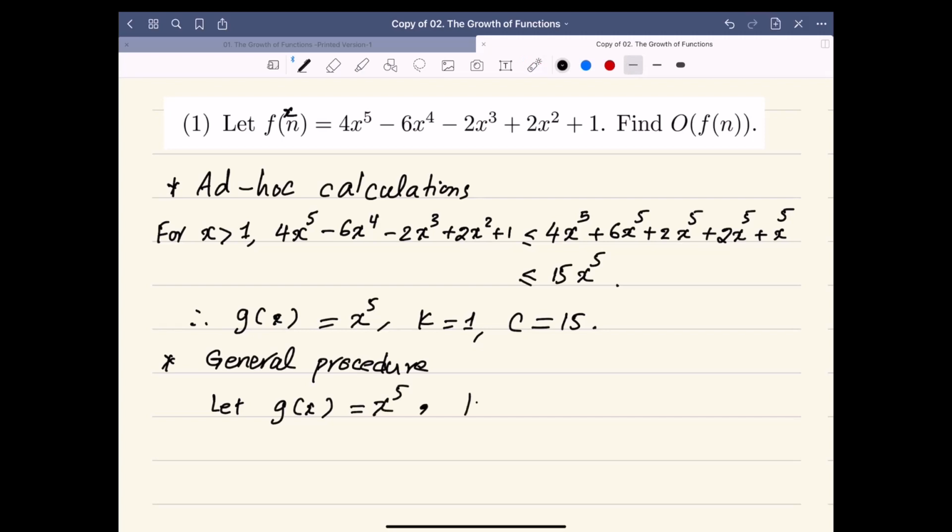And we say k is equal to 1, and we say c is the addition of the absolute values of the coefficients. We add them, 4 plus 6 plus 2 plus 2 plus 1, and this is equal to 15, and this will prove that big O of this function belongs to x raised to power 5.